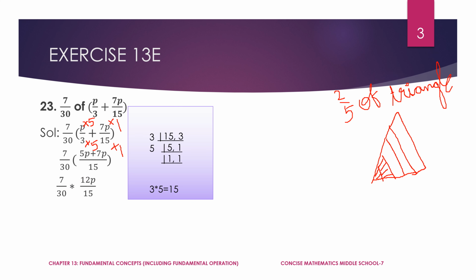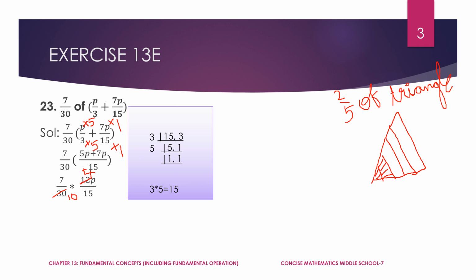Now here, you can multiply the numerator with numerator and denominator with the denominator. But here, you can still cancel this. How can you cancel it? 3. In the 3 table you can cancel it, right? 3 4s are 12. 3 10s are 30, right?